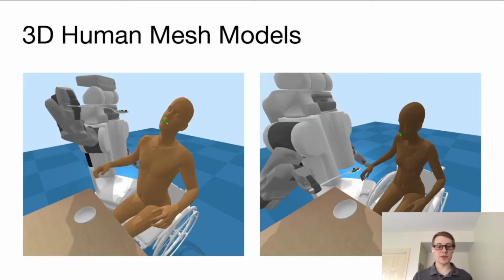So this is a full 3D human mesh. We can also simulate these in Assistive Gym, and there are Google Colab examples of how to do this. The nice thing about them is that you get more human morphology; it matches what humans look like a little bit better. The downside is that these are static models, so you can't move them around. Once you create them, you can create them at different poses, right?